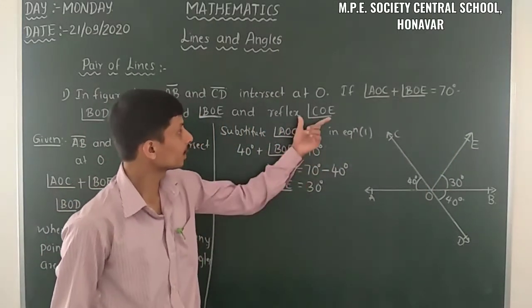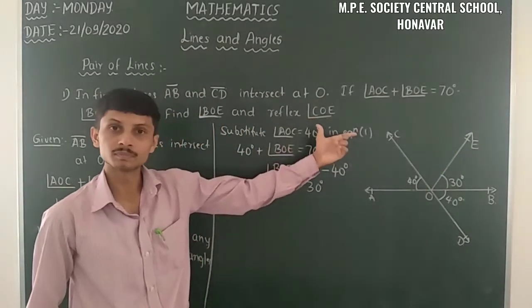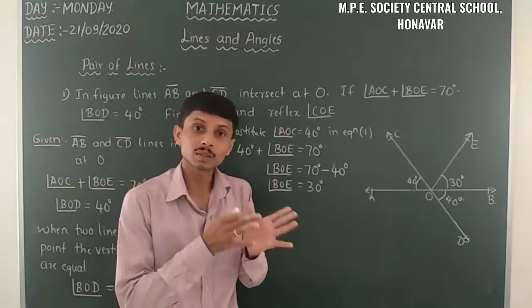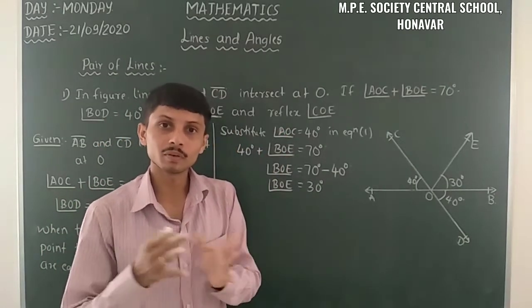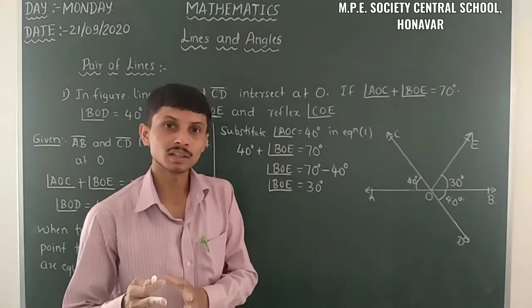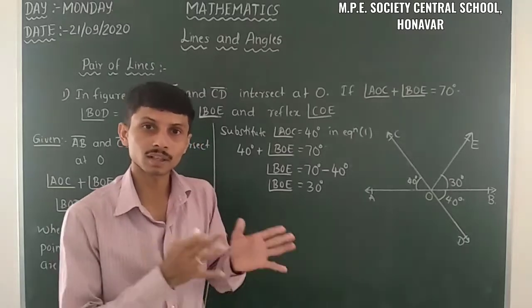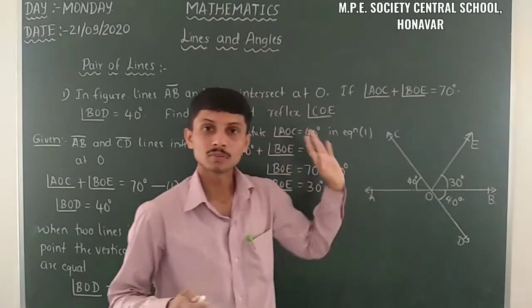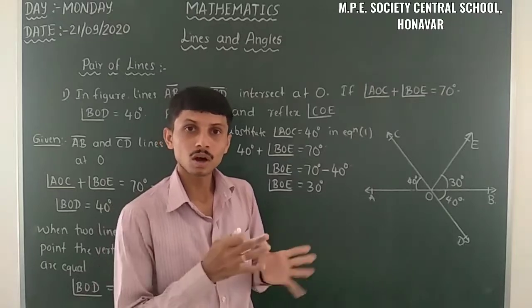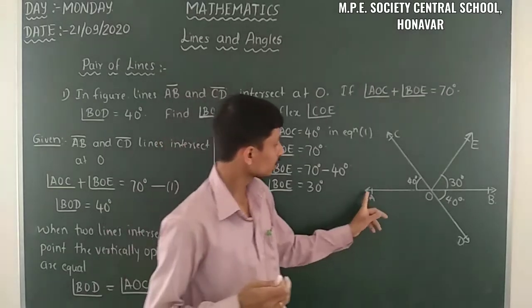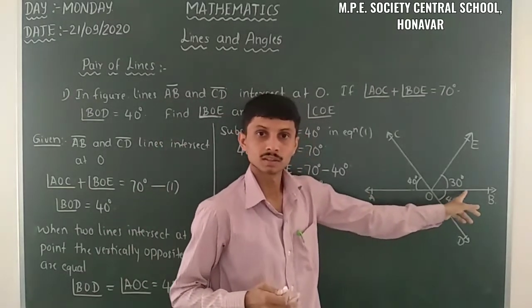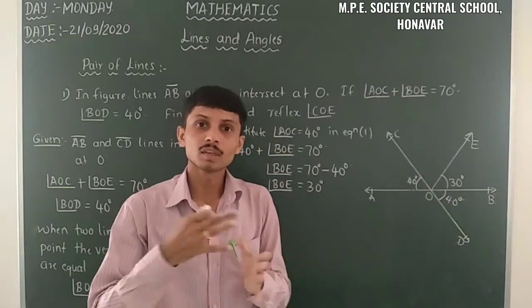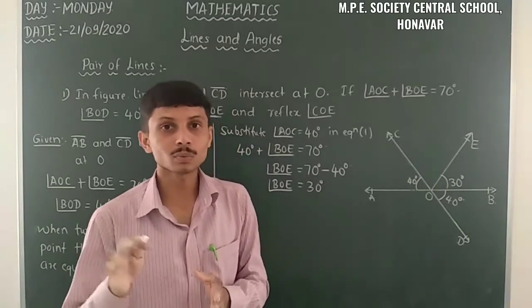Then we have to find the reflex angle COE. When we have to find reflex COE, firstly we have to know the angle COE. How can we find that? Just observe, it's a straight line. So the angle around a straight line is 180 degrees.